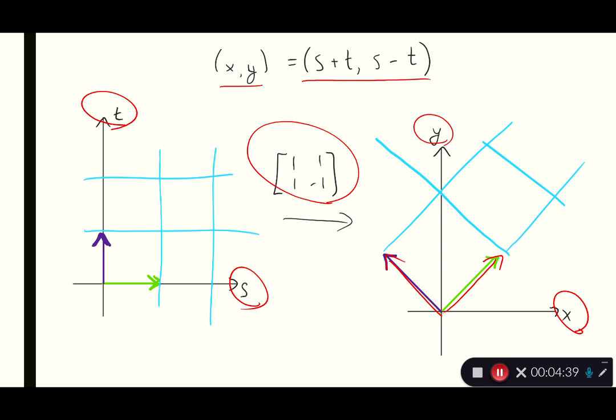And instead of using the old north, south, east, west directions, we can measure every point in terms of this northeast direction and this northwest direction. So changes of coordinates come up all the time, and we're going to talk about them at some length later on in the course. Thank you very much.